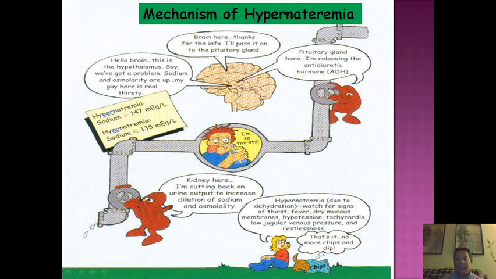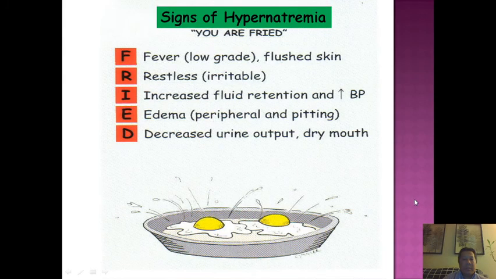And this is a mechanism also that can help us prevent dehydration. So, these are some of the things that will happen inside the brain and inside the body, just in case we're losing too much fluid or we're becoming a little dehydrated, that can lead to hypernatremia.